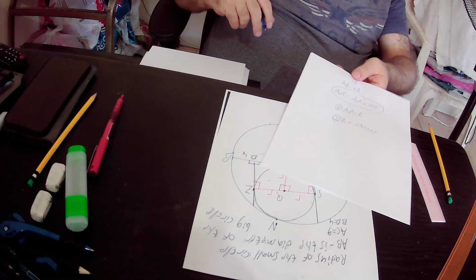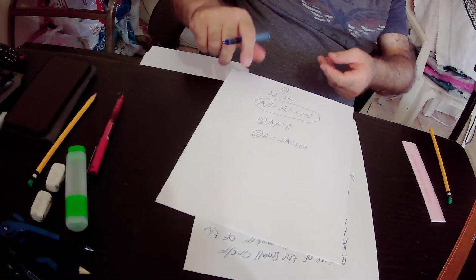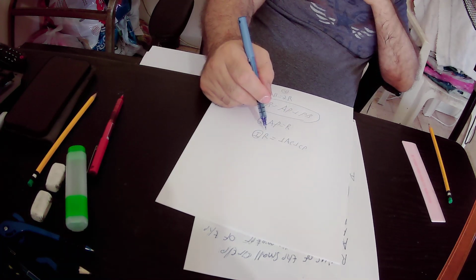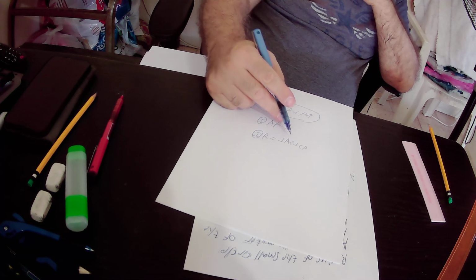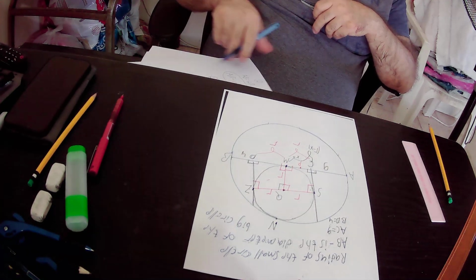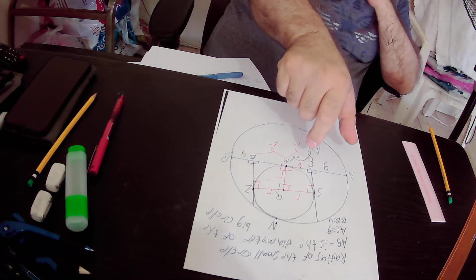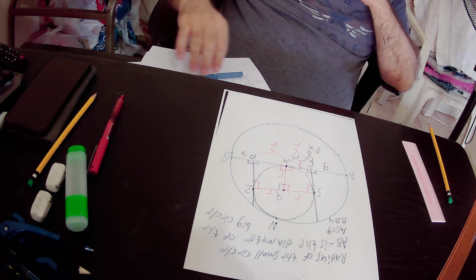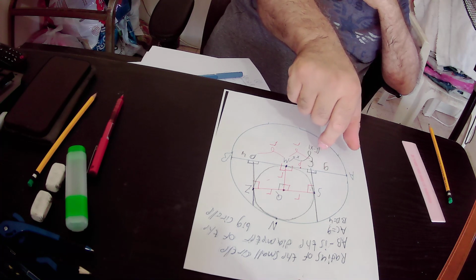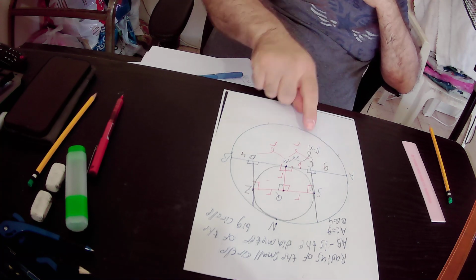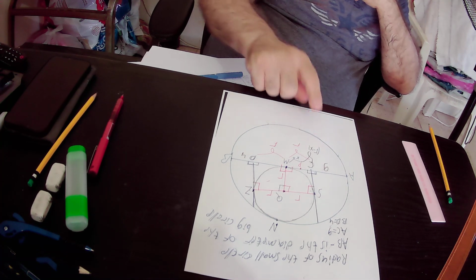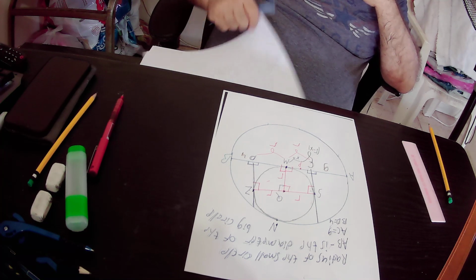So actually AP, that is the radius of the big circle, equals AC plus CP. We know that AC equals 9 units and CP equals small r minus X. So I write it down.